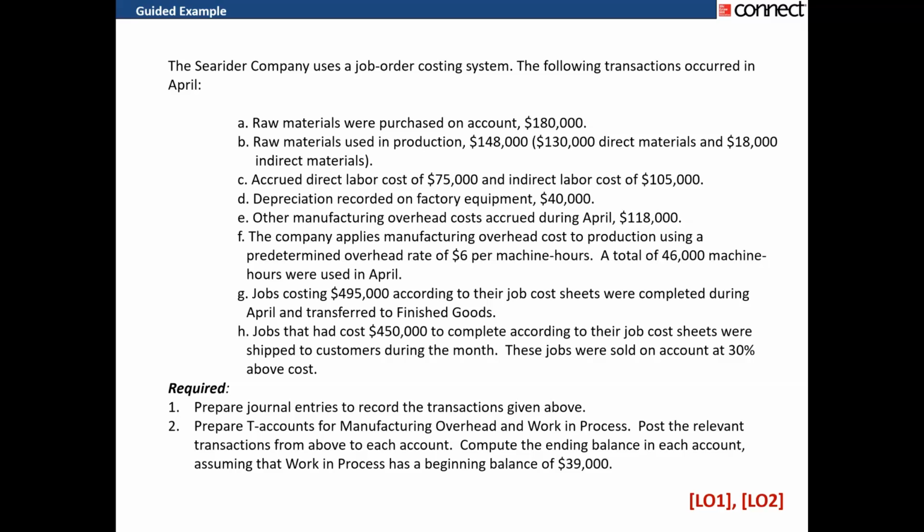So $450,000 cost is what we need to record for the sale, the cost of the sale. We also need to calculate the price that we're going to charge for these items, and we will take the cost plus 30%.